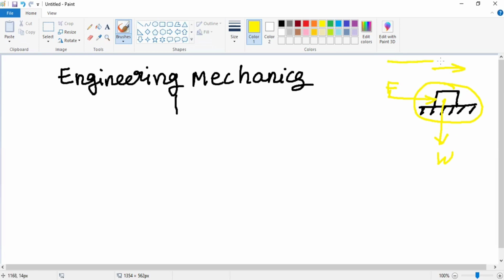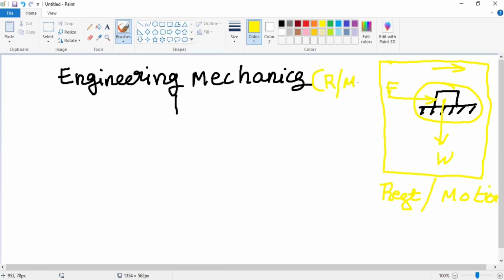If you want to study this entire condition, it is in either of two conditions: the body is at rest or in motion. If you study the body in the rest condition or in the motion condition, that branch of science is mechanics.